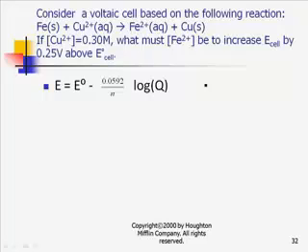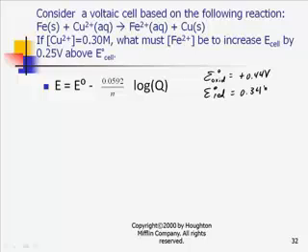The reduction is minus 0.44, so my oxidation is going to be plus 0.44, and my reduction for copper 2 plus to copper is 0.34. So E naught is going to be 0.78.